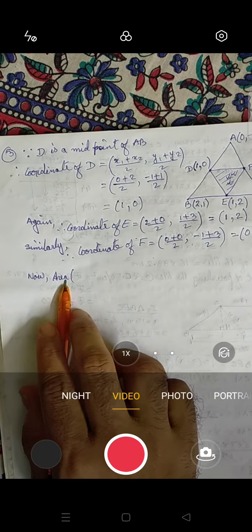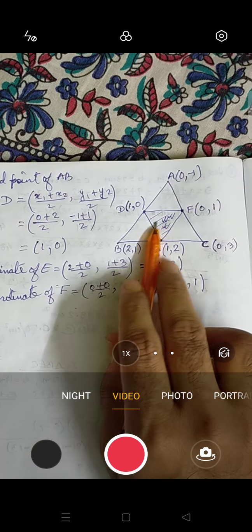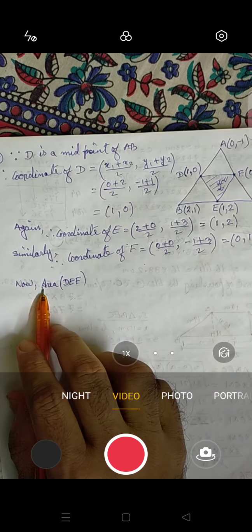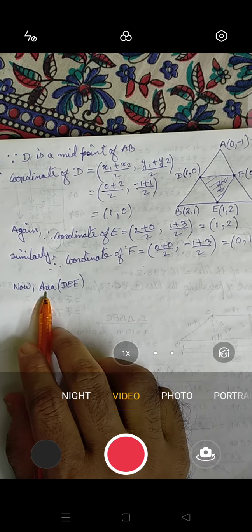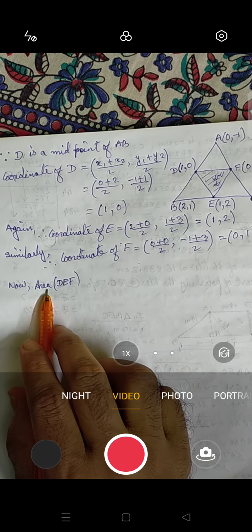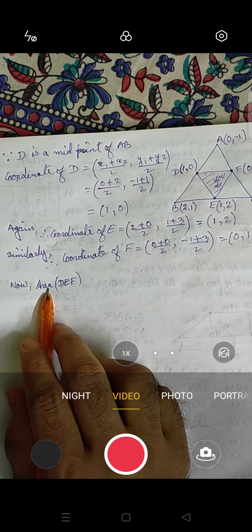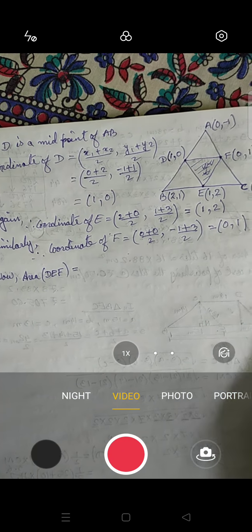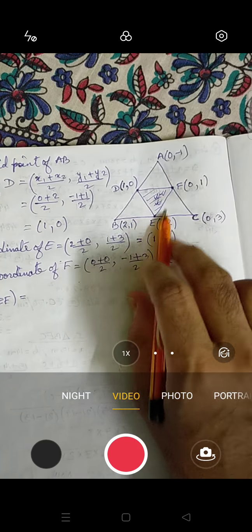You can write only AR also, your choice. Now DEF is forming a triangle, so area DEF.